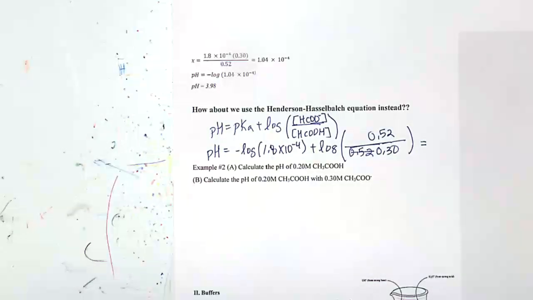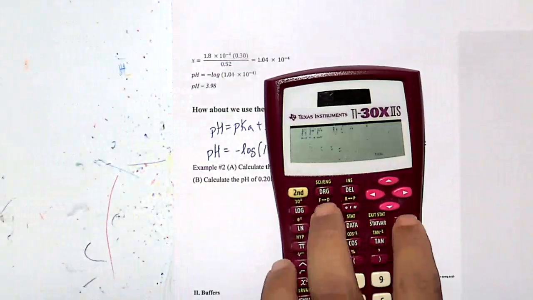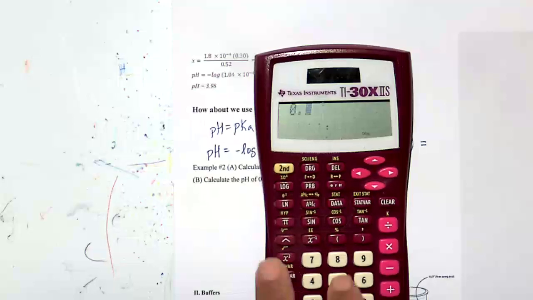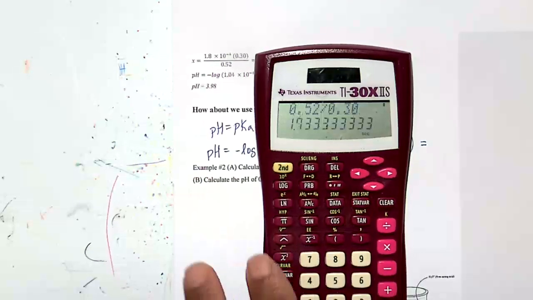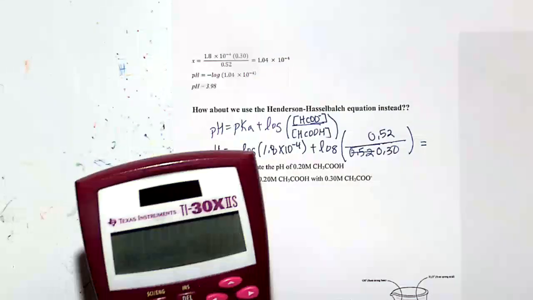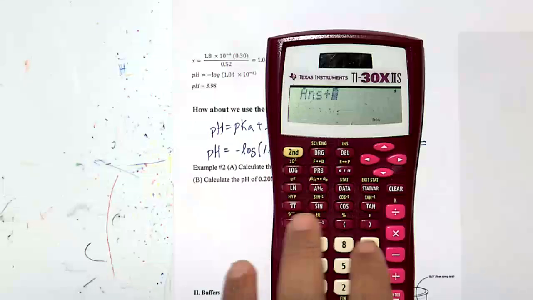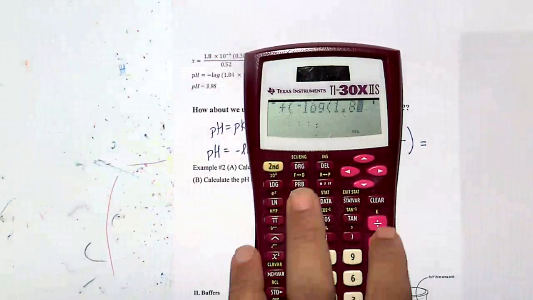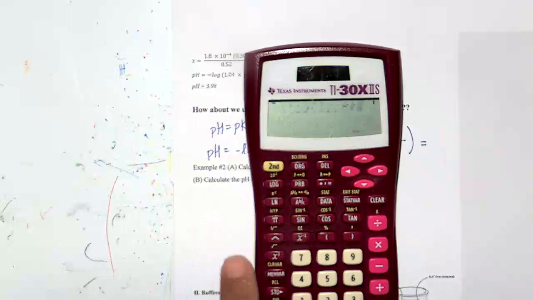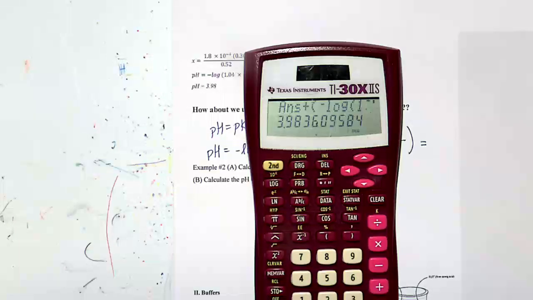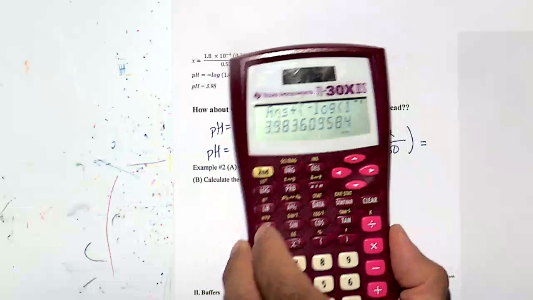So this is what we'll put in our calculator: log of 0.52 divided by 0.30 plus minus the log of 1.8 times 10 to the minus 4. Getting about 3.98.